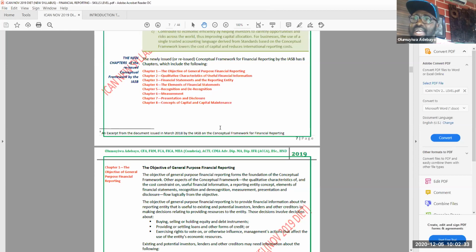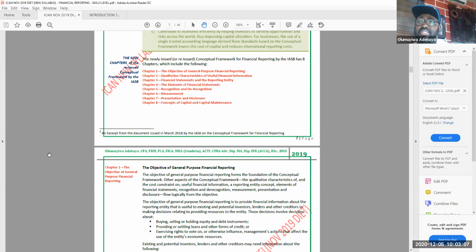As I have said earlier, the singular objective of financial reporting is the ability of the business to produce financial information that is useful to users of financial statements for decision making. That means the primary objective of financial reporting is to ensure that information is adequately and sufficiently communicated to users of financial reports for decision making.